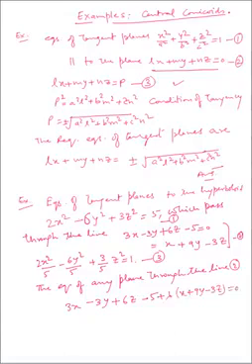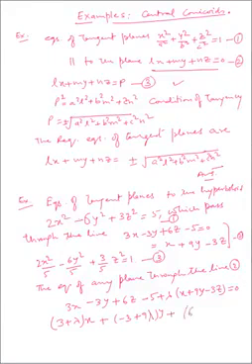So we collect the terms: 3 plus lambda coefficient of x plus coefficient of y and coefficient of z, 6 minus 3 lambda into z is equal to 0.